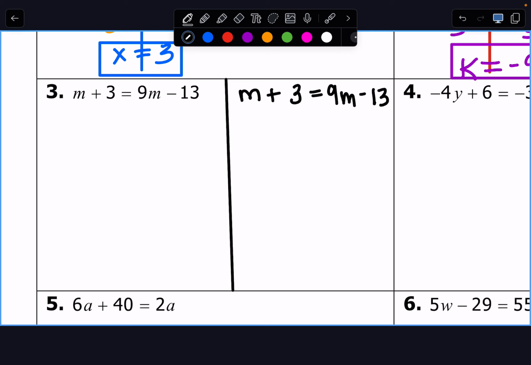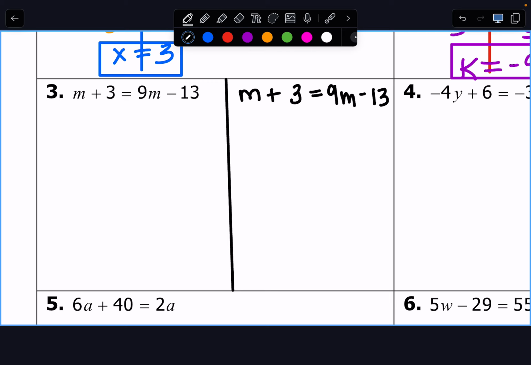Do you have a question? Which one do you want to go to the left side or the right side? The left side? Okay, so if you want to move this guy over here, we're going to have to subtract 9m from both sides. Since we're moving across the fence, we have to do inverse operations.